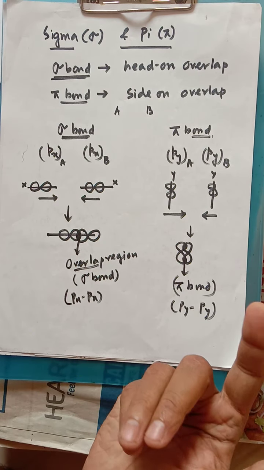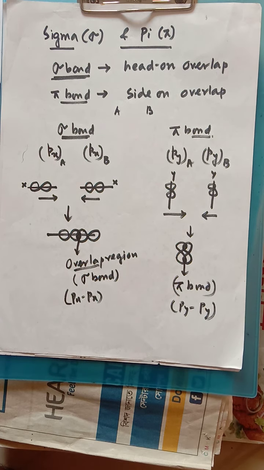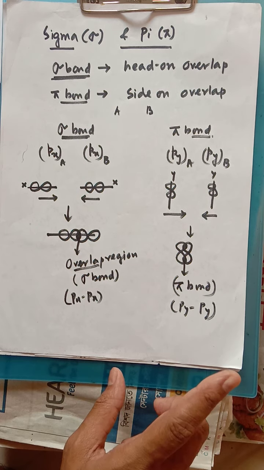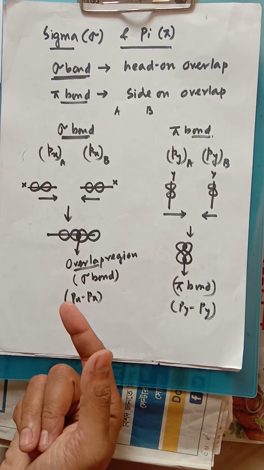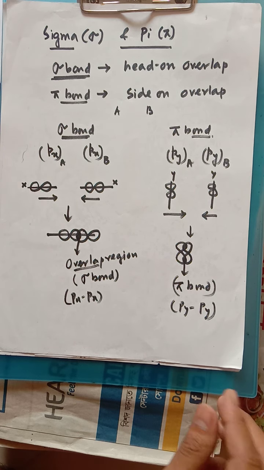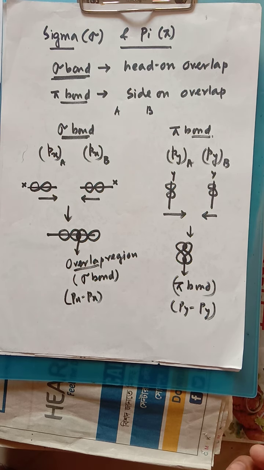Y also can show the sigma bond as well as the pi bond. So you should not stick to the concept that only the X axis can show the sigma bond and the Y axis cannot, only the pi bond. Not like that. Each axis can show a sigma bond as well as a pi bond.